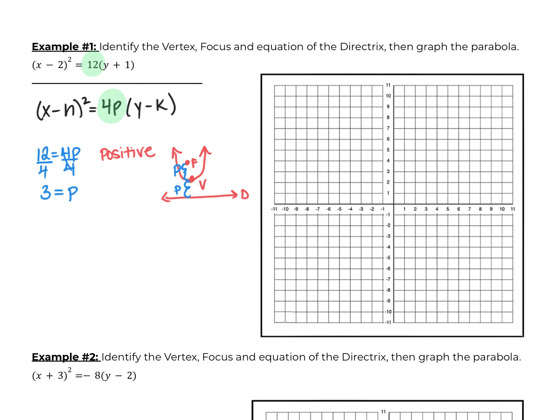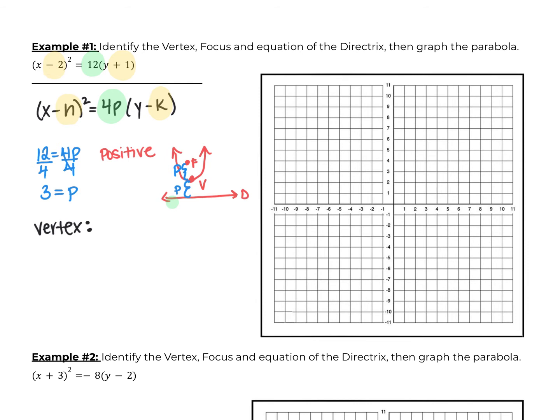Now we need to find our equation of our vertex. We know that the h and the k will give us our vertex. So there's a -2 and a +1. So see how it says x minus h, and then y minus k, and then this is y plus k? All that we have to do to find the coordinates of the vertex is switching the signs of the values.